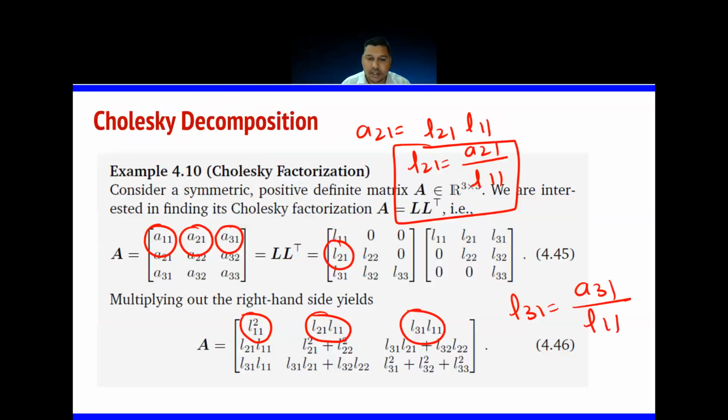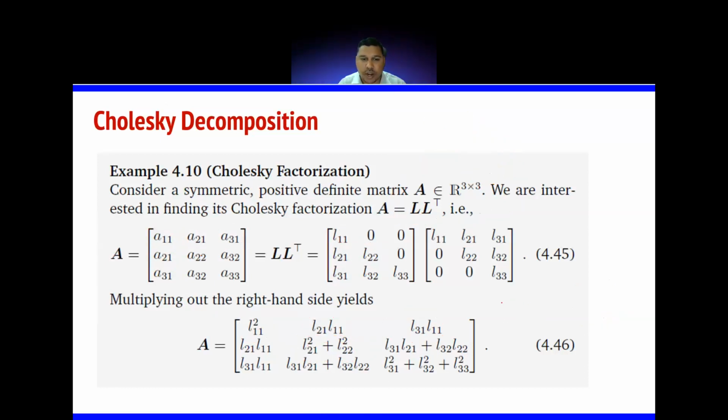Next, go back. Now we have to find L22. L22 means this term here. We want L22, so L22 square plus L21 square is A22.